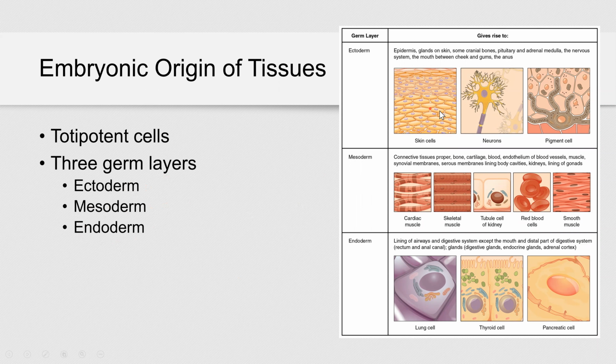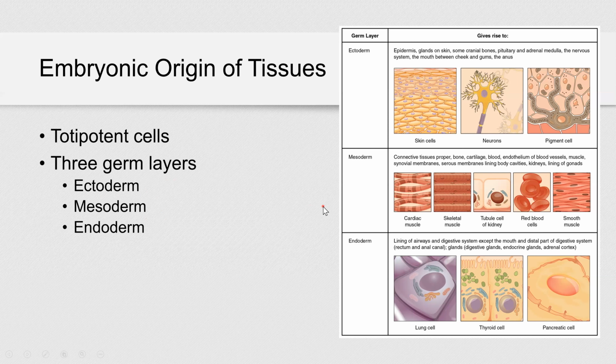There are a lot of different structures and organs that develop from those layers, but let's just look at the major ones. For example, from ectoderm you will develop your epidermis, your skin cells, and, interestingly, the nervous system as well, right? So ectoderm gives epidermis and the nervous system.